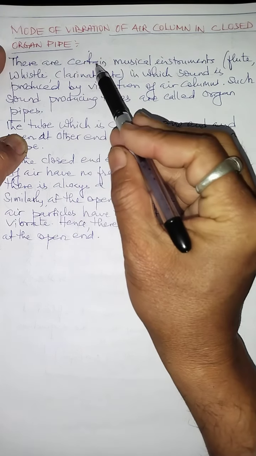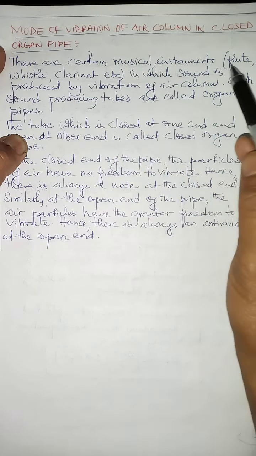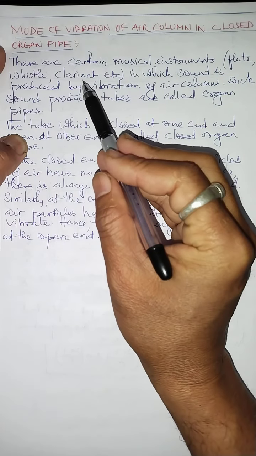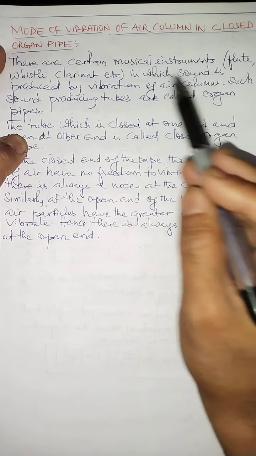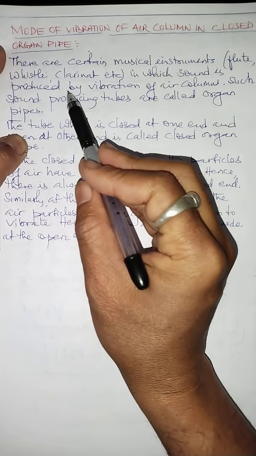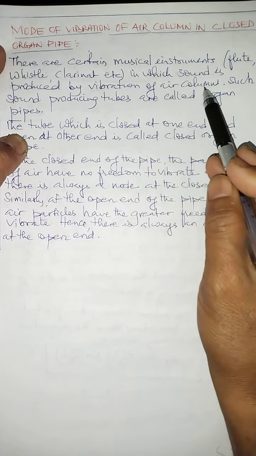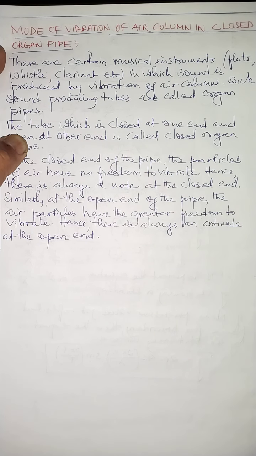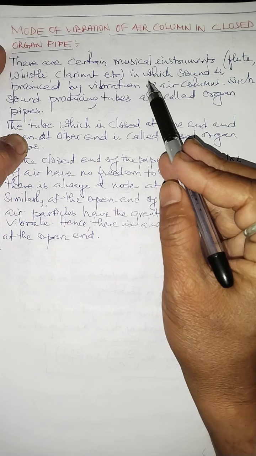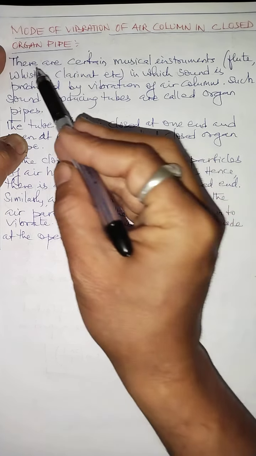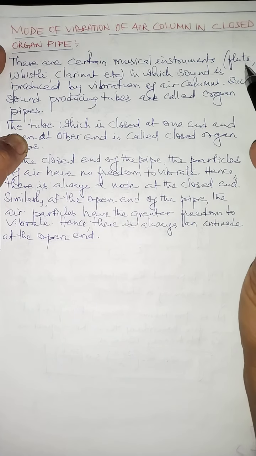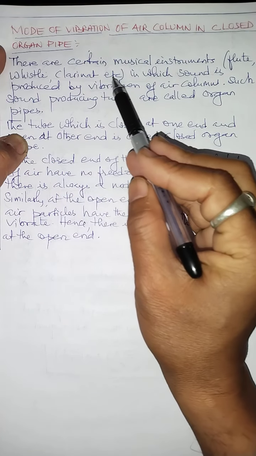Now, there are certain musical instruments like flute, whistle, clarinet. These are musical instruments in which sound is produced by the vibration of what column? Air column. That means any musical instrument which produces sound by the vibration of air columns is called an organ pipe.